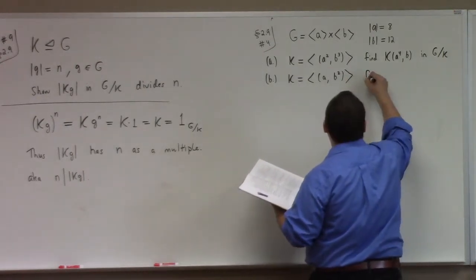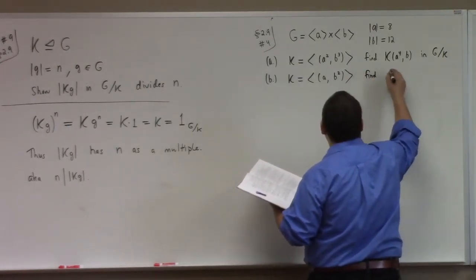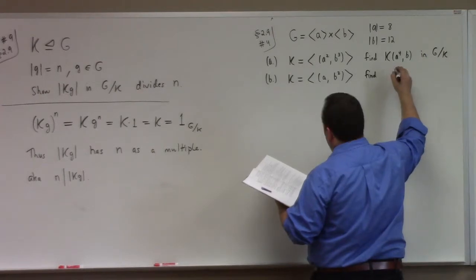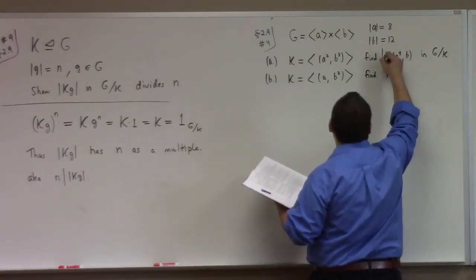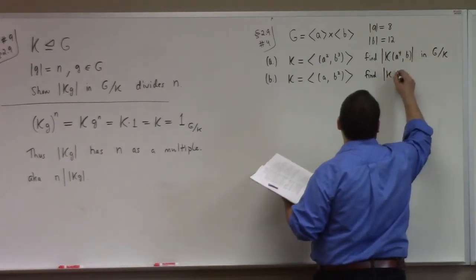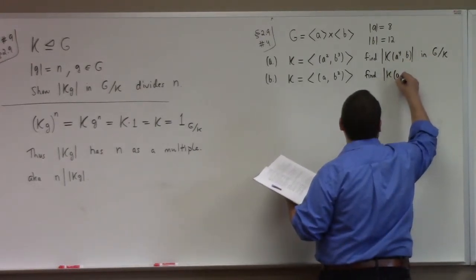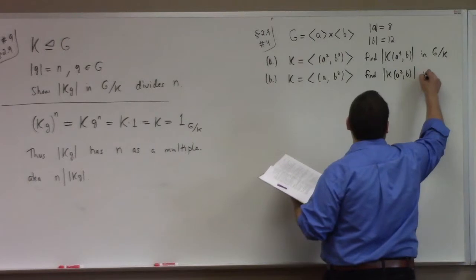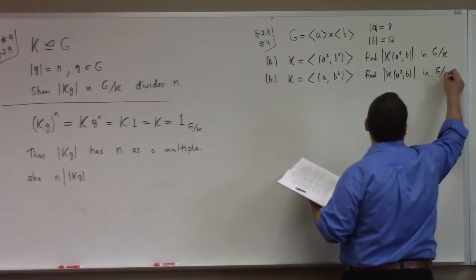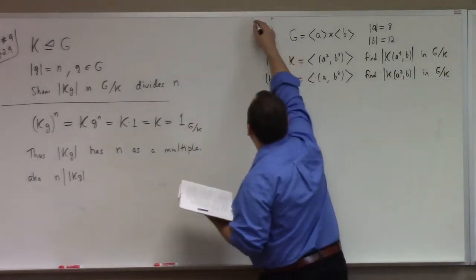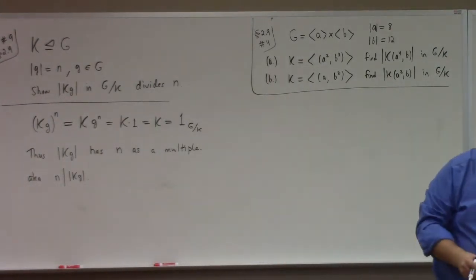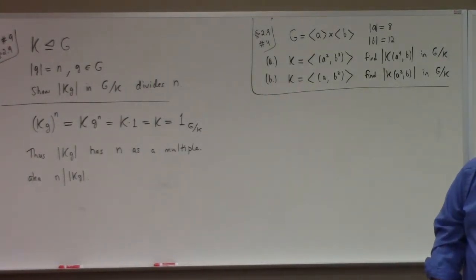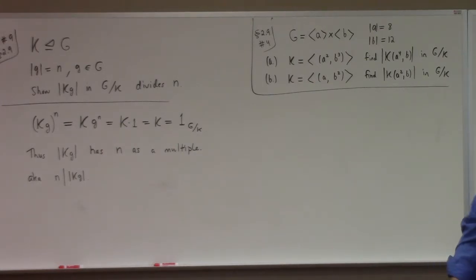Find the order of K, the right coset A squared B, in G by K, where K is not the same as part A. All right, so there's the problem. Is there a C? Okay, all right.